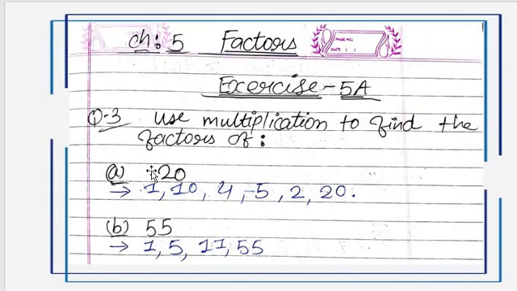Okay, 20. 20 ones are 20, so in table number 1, 20 will come.